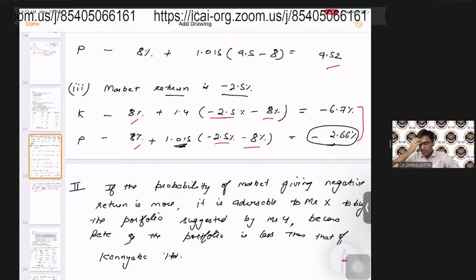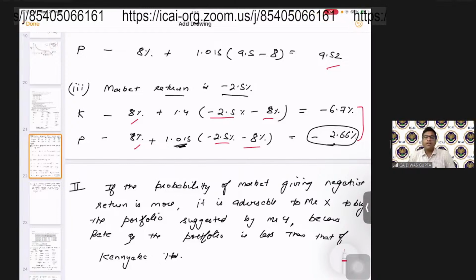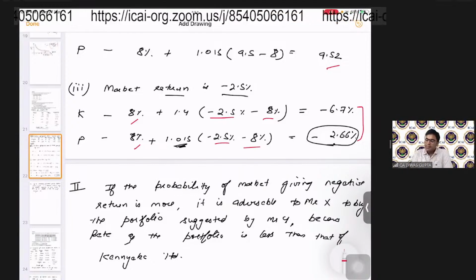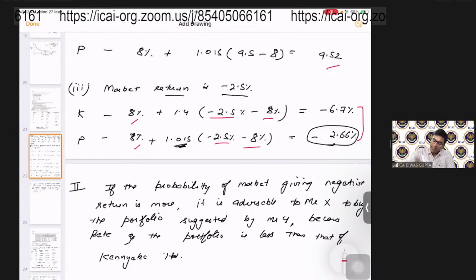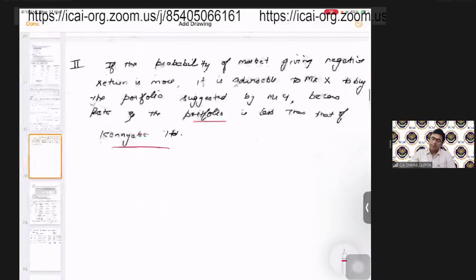Now the second part, which was more critical, it says that if the probability of market giving negative returns is more, then we advise Mr. X to buy the portfolio suggested by Mr. Y because beta of the portfolio is less than that of the Kanakya Limited.